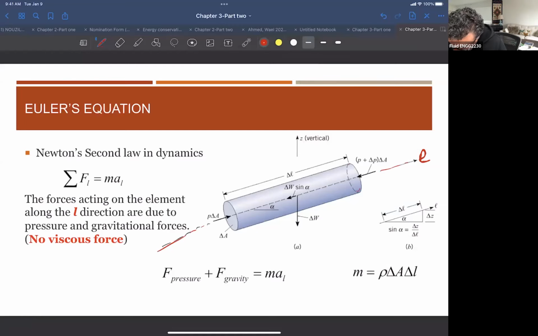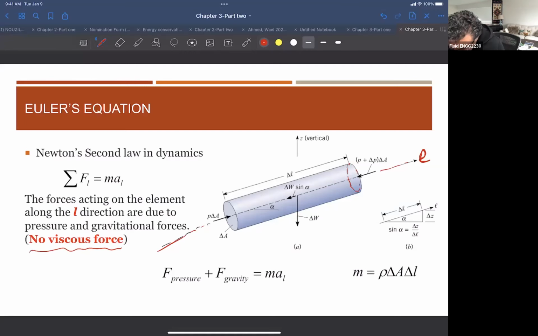If I'm taking an element along this L, a nice element to take is a cylindrical one. And this is what Euler does, starting from Newton's second law: summation of forces equals mass times acceleration, right? But the only important assumption here is no viscous forces.